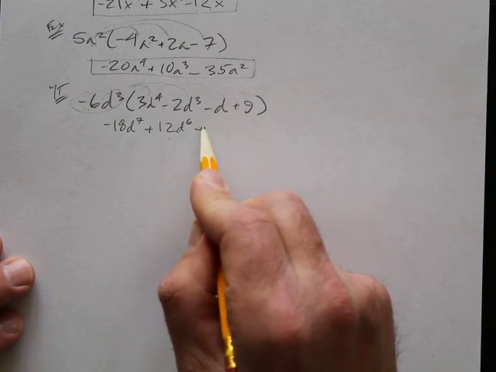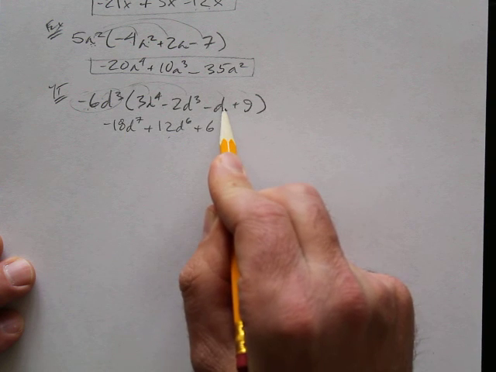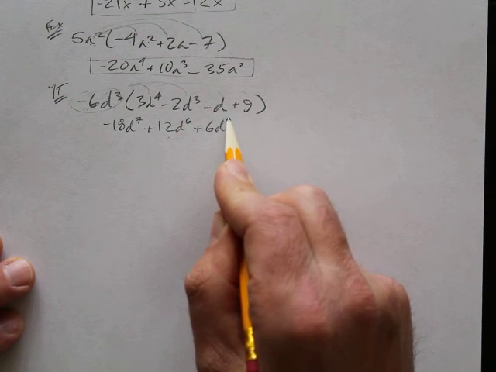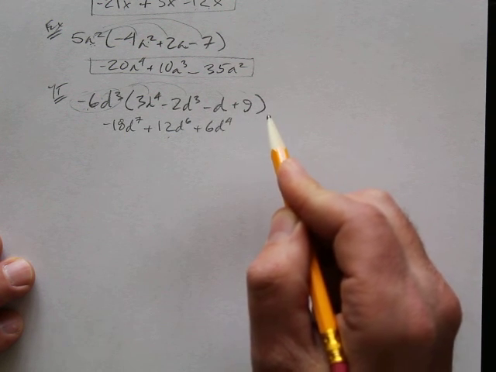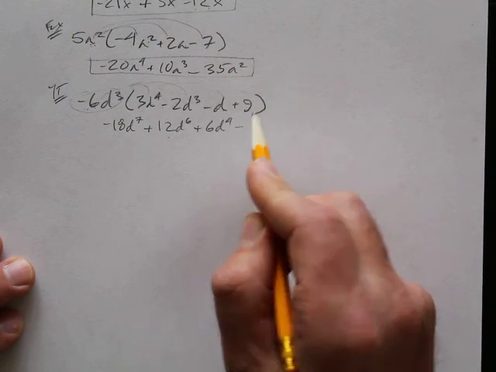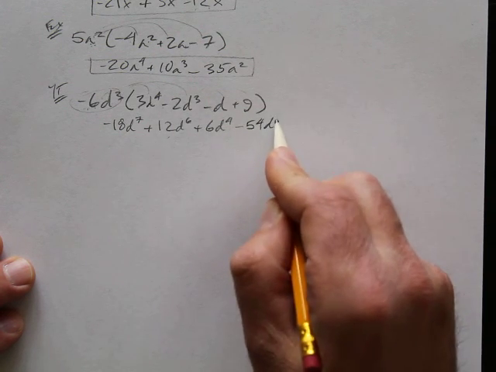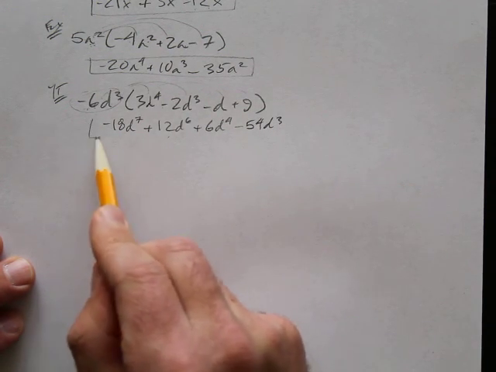Negative times negative is positive. 6 times 1 is 6. D cubed times d to the 1st is d to the 4th power. And then I've got negative 6 times positive 9, negative 54 d cubed. All right.